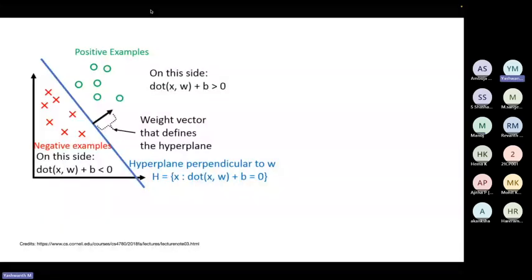Okay. All right. So that is what machine learning or deep learning is all about: you classify the set of points with their associated labels.